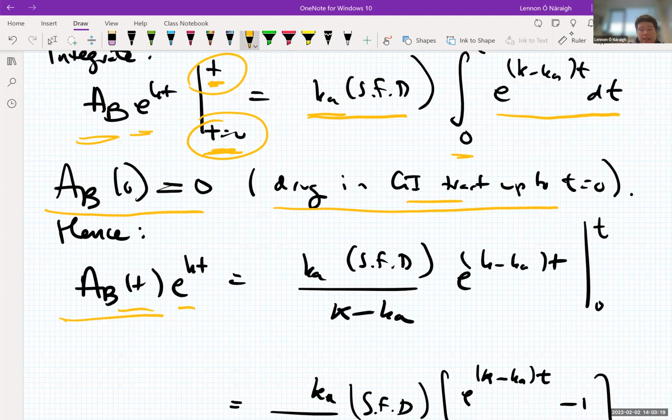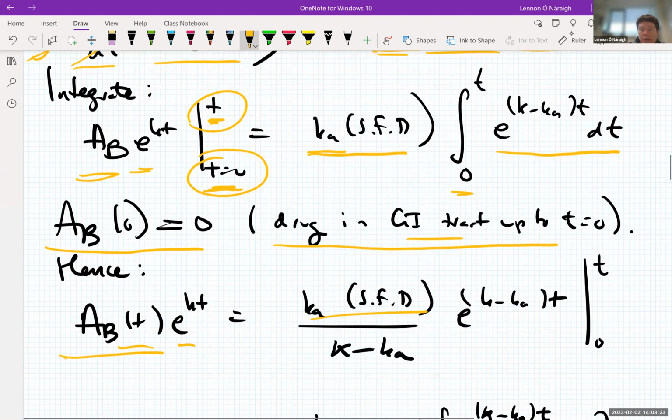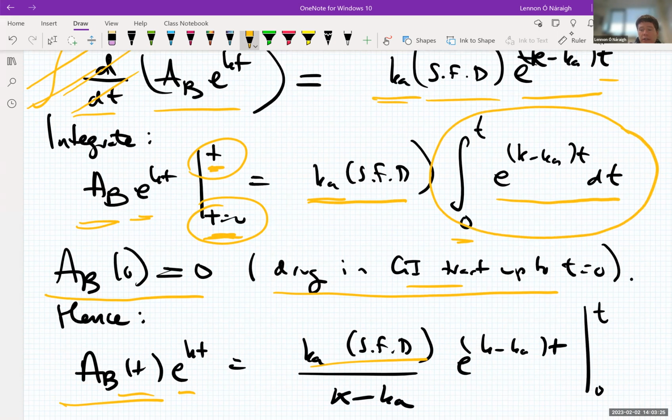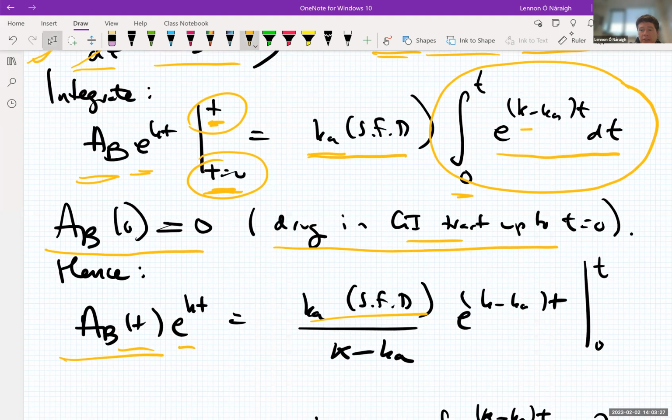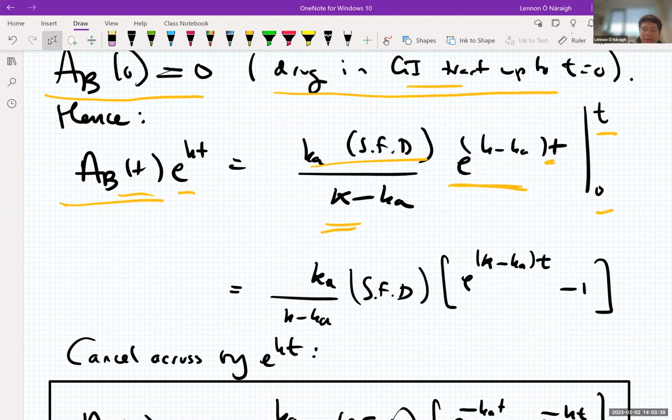So AB t e to the Kt is Ka SFD, and I do my integral now. The integral of the exponential is 1 over K minus Ka times the exponential again, e to the K minus Ka t, evaluated at the different endpoints. The endpoints give the exponential e to the K minus Ka t minus the exponential at 0, which is just 1.